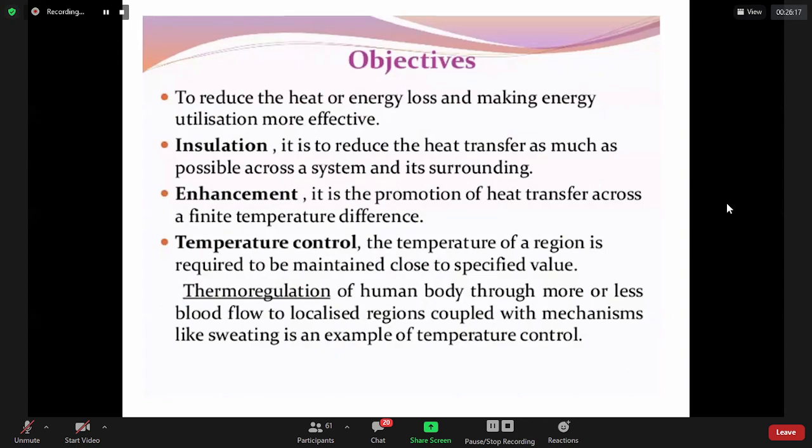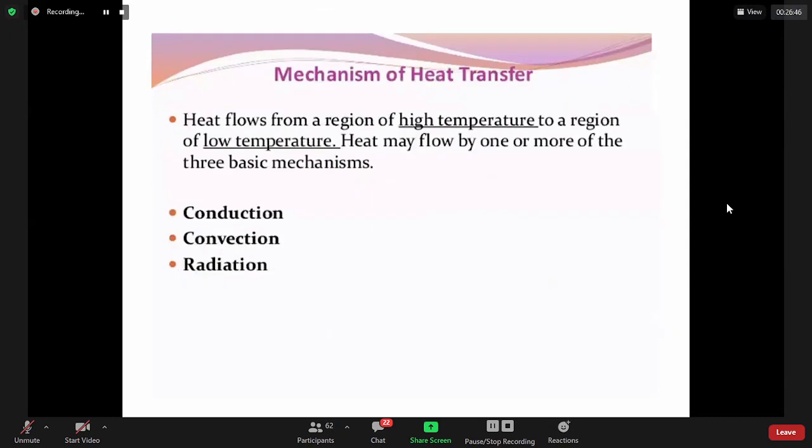So we can control the temperature through maybe sweating, then blood flows into other regions of the body in order to keep the temperature constant. When you feel cold, you do some exercises, and therefore you stimulate the blood flow into body organs so that they can produce heat. They can work, and the product is heat, and that heat can make the body warm.